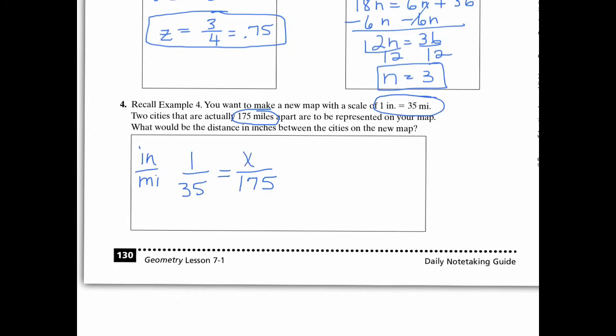Okay? So now I cross multiply, that's going to give me 35x equals 175, then divide by 35, and so you will find that x equals 5 inches. Any questions there?